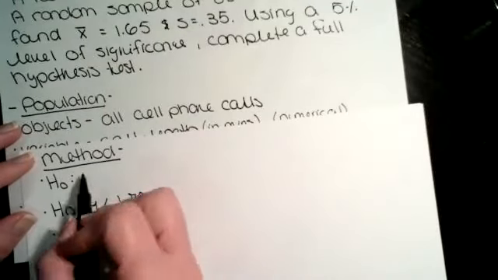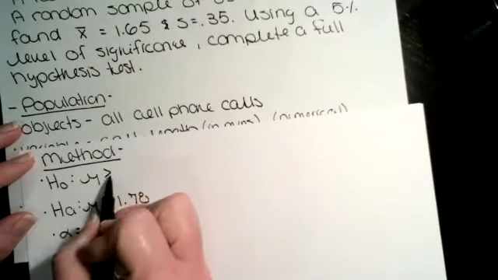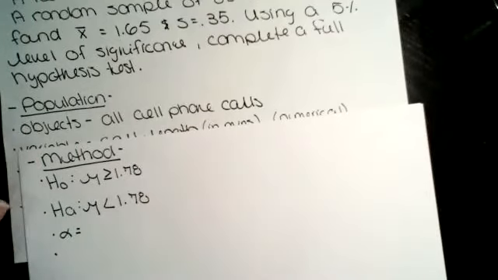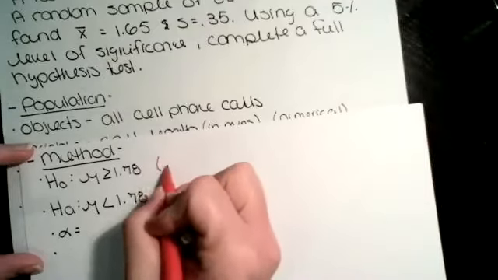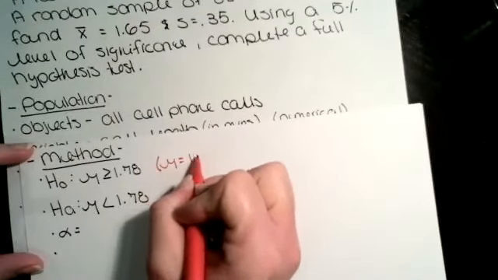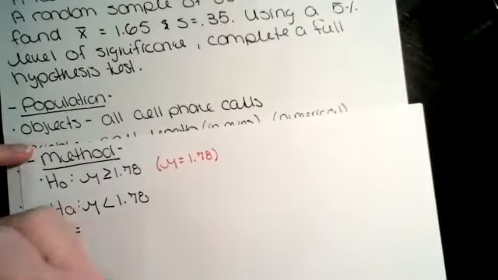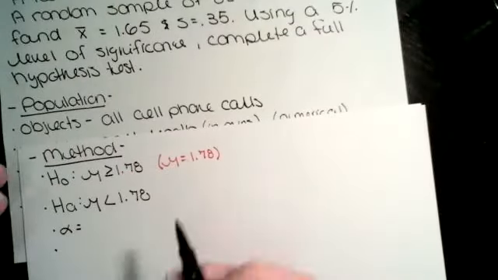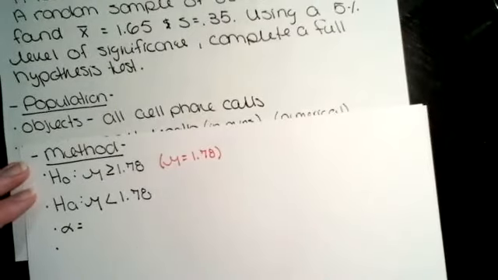Then my null is always exactly opposite. So mu is greater than or equal to 1.78. And of course, and I'm going to write it here, you could always write it as mu is equal to 1.78. I'm just going to put in parentheses. You don't need to write both, just write one. I just put it there in case someone likes to take this route.